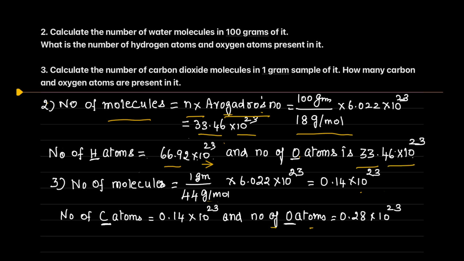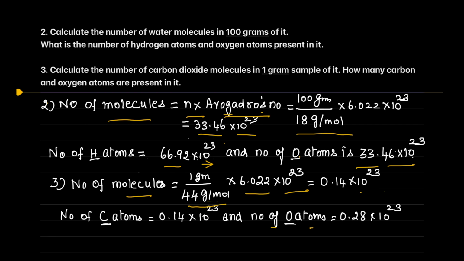Then question number 3. Calculate the number of carbon dioxide molecules in a 1 gram sample of it. How many carbon and oxygen atoms are present in that? This is similar to the previous problem and the same steps are to be followed. The first step is the calculation of the number of moles, that comes to 1 gram divided by 44 grams per mole. Then substituting in the steps, we get the answer.